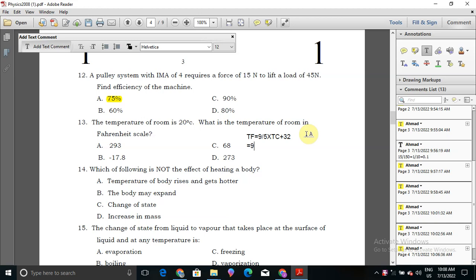So that means it's equal to 9 over 5 times 20 plus 32. After simplifying 9 over 5 times 20, by 5 1 by 24, then 9 times 4, it will be 36 plus 32.